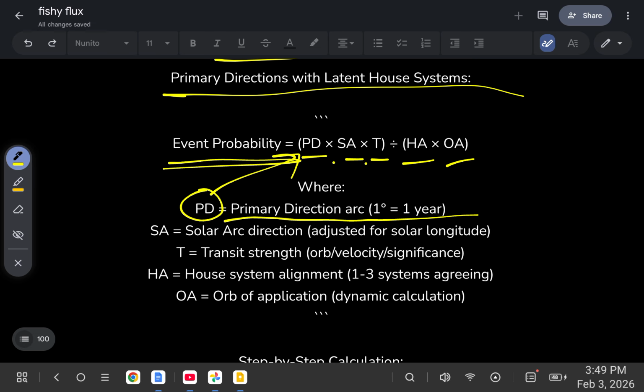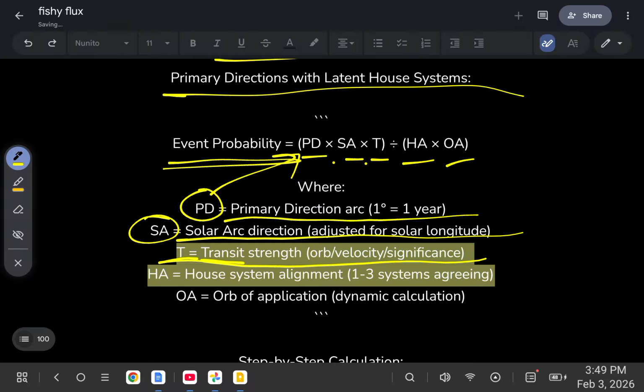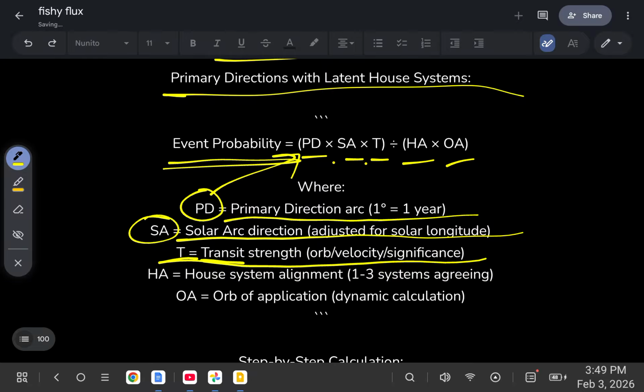Okay? So I know now that PD, that primary direction arc, is multiplied by SA, which is for solar arc direction, adjusted for solar longitude. So again, primary direction arc multiplied by a solar arc direction, multiplied by T, which is transit strength, orb, velocity, and significance.